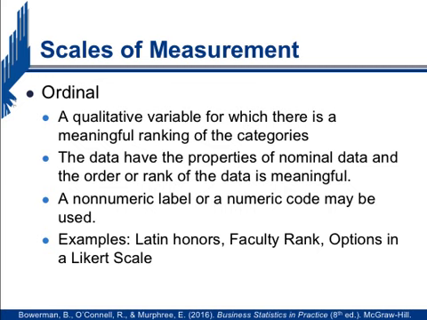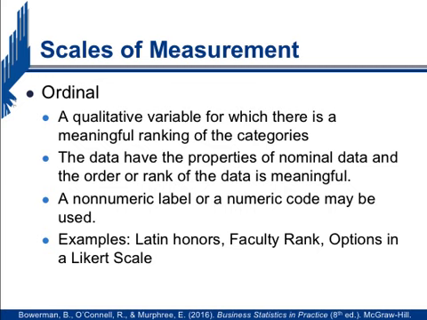Now, a non-numeric label or a numeric code may also be used for ordinal scales of measurement, and some examples are the Latin honors in universities. In Ateneo de Manila University, graduating students can fall into 4 categories for honors. There is the highest, which is summa cum laude, followed by magna cum laude, followed by cum laude, and honorable mention.